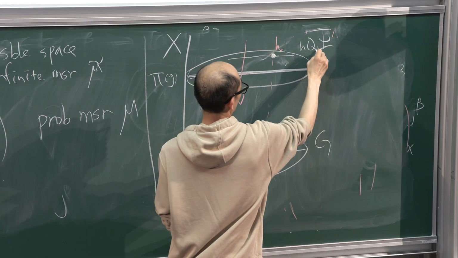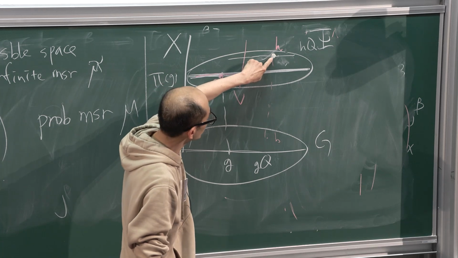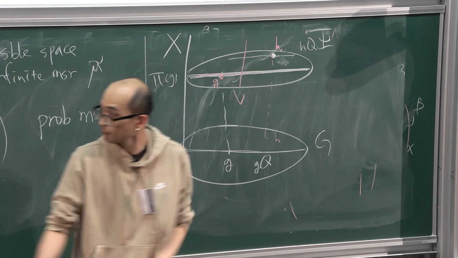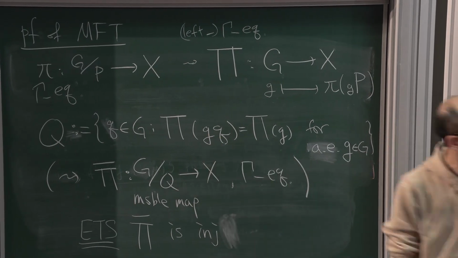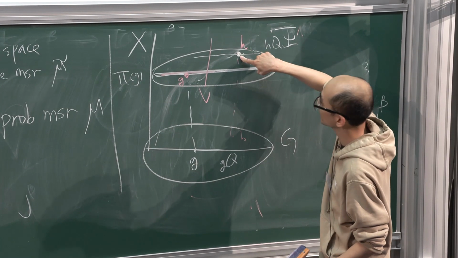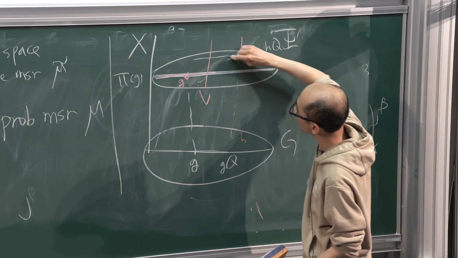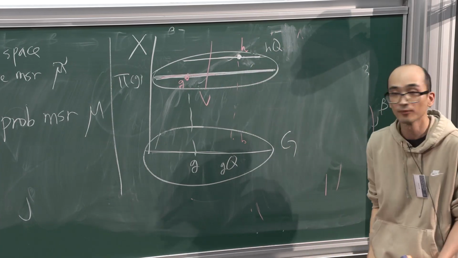So if you see the point h in the graph, then because pi is invariant under the right Q translation, this whole line, which is the hQ orbit, should be in the graph.